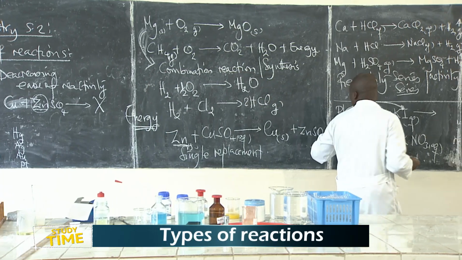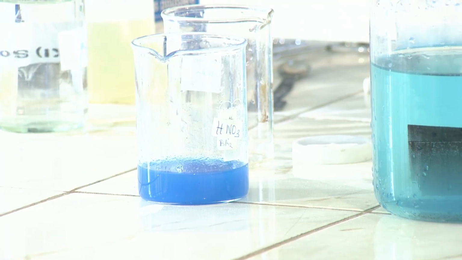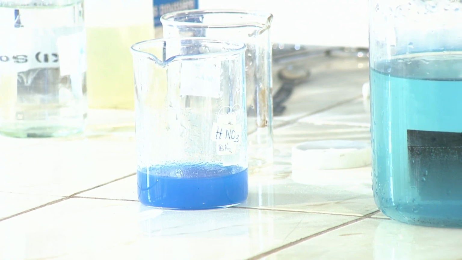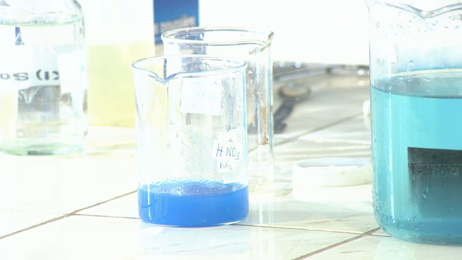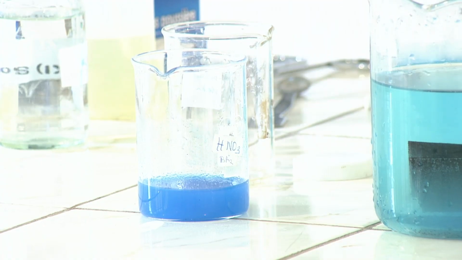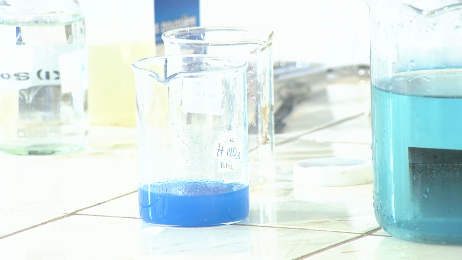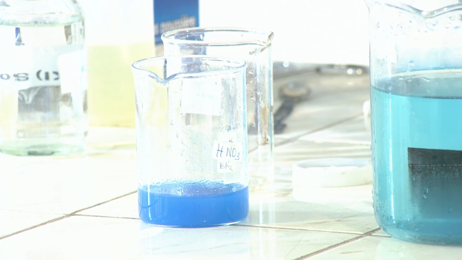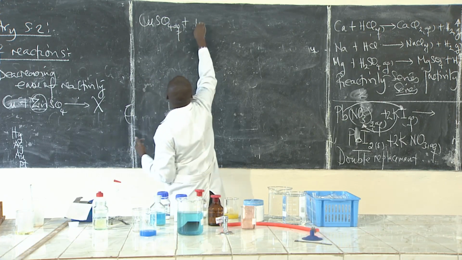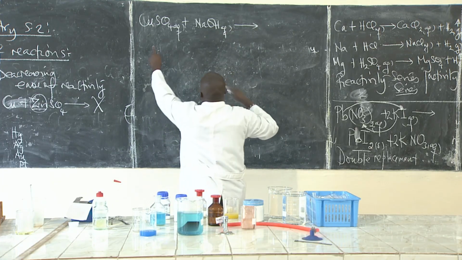So you have sodium hydroxide reacting with copper 2 sulfate. If you remember what we did the other time, we were writing only ionic equations. That is very common when we are dealing with ions. That is very common that we write copper 2 sulfate solution, and then it is reacting with sodium hydroxide. What does it give here?